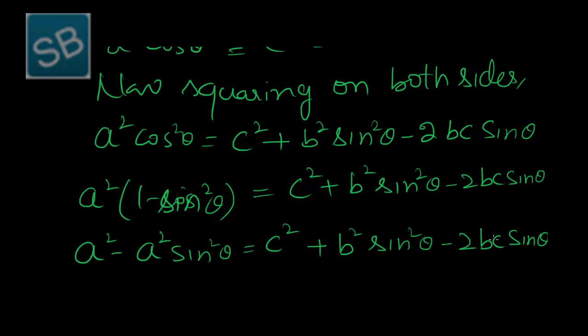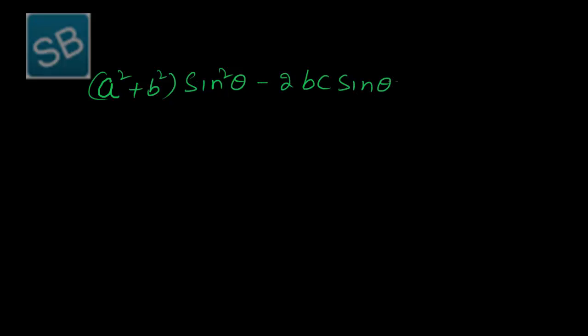From here we will take all the terms on one side. Taking the common terms on the same side, we get a square plus b square into sin square theta minus 2bc sin theta plus c square minus a square is equal to 0.